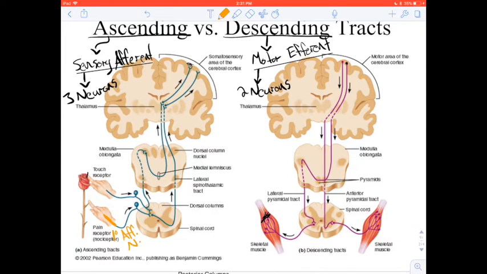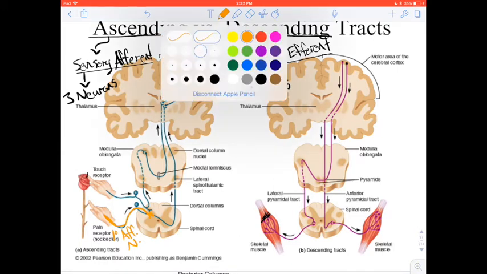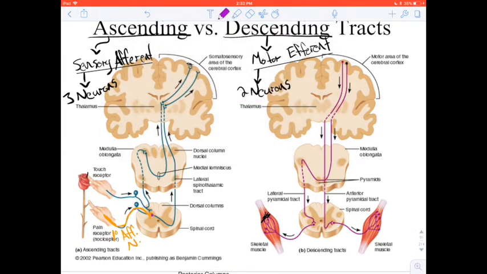Depending on which tract we're talking about, it depends on where that second one is located. But in general, it will come in and synapse somewhere within the central nervous system. I'll do this in a different color, with our second order afferent neuron.